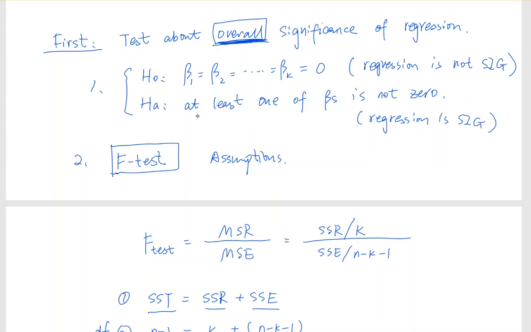So you cannot change the alternative hypothesis in your own words. Some of you say all of them are not equal to 0. That doesn't mean at least one of the betas is not 0, right? So it's a totally different meaning. So you don't modify this alternative hypothesis, right?